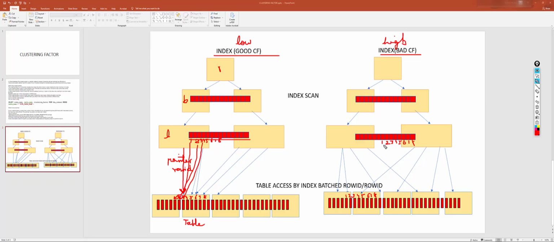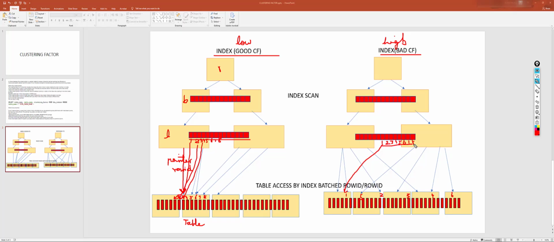So the index entries will not be in an ordered way, it will be in a random way. Either the data which is stored on the table will be in a random way, so we can say it will be like this: 1, 2, 3, 4, 5, 6, something like this.